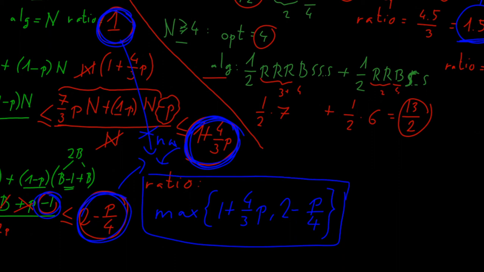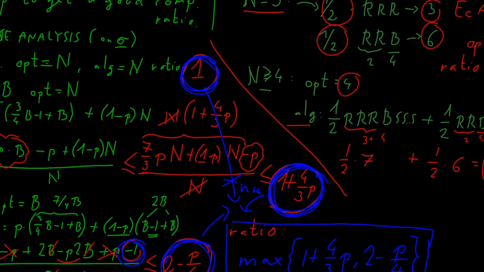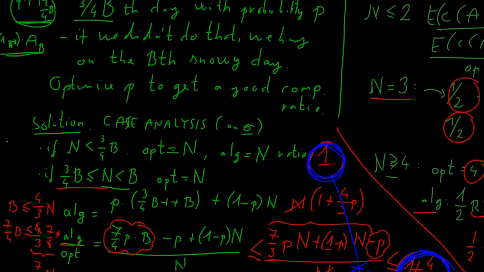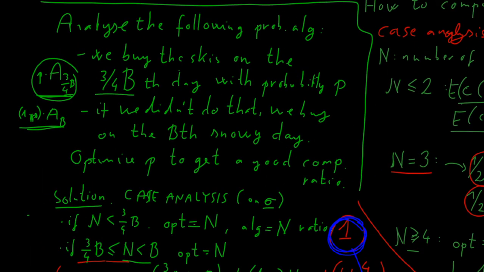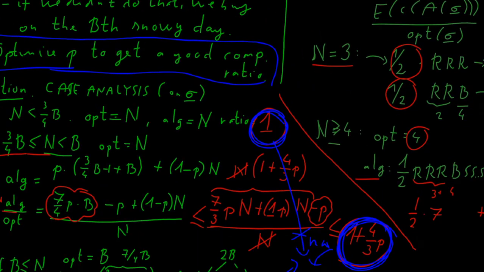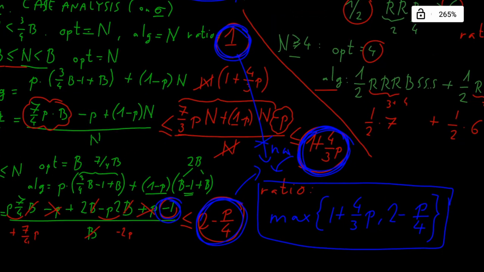And we just have to bound this guy somehow, because that was the second exercise: optimize P to get a good competitive ratio. I'm not saying that it's the best possible, because we are not computing everything exactly.